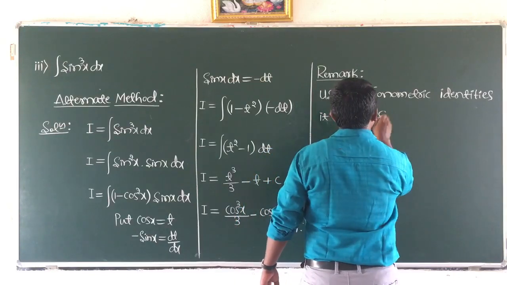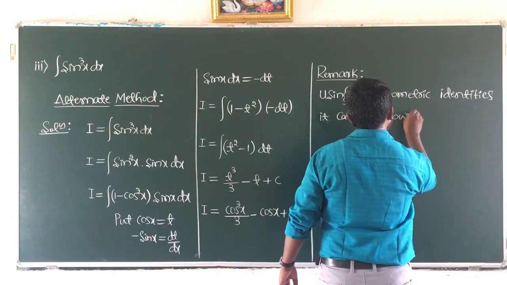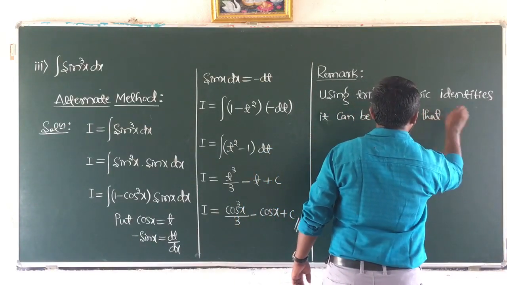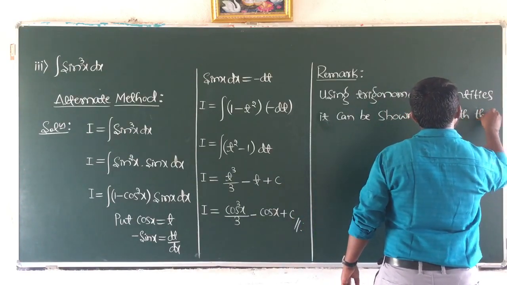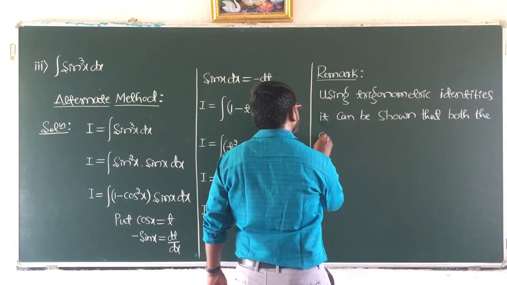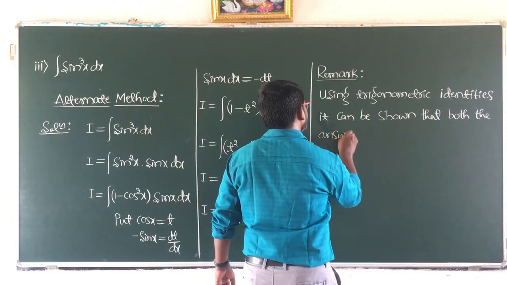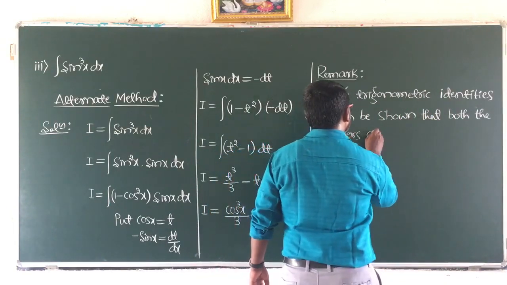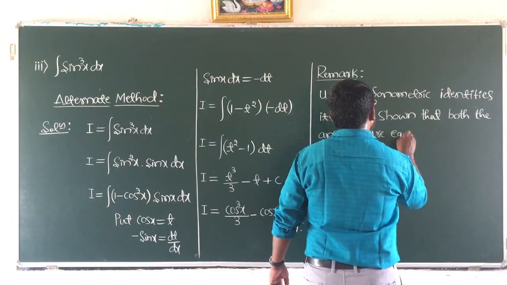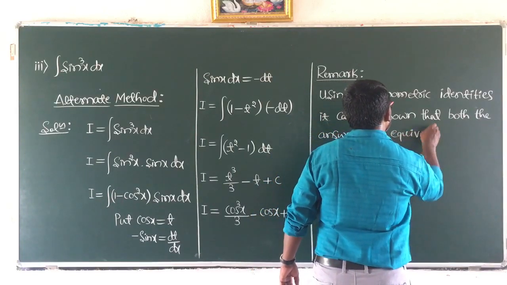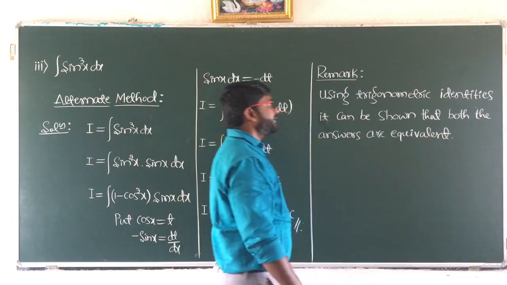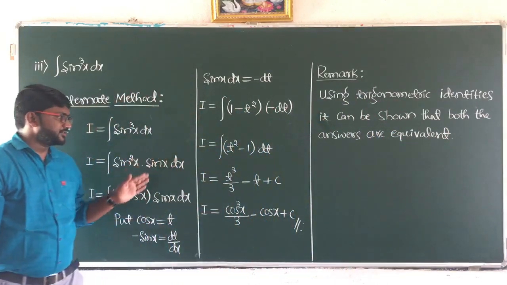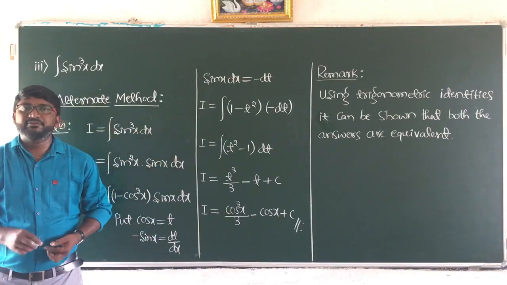It can be shown that both the answers are equivalent. So we may get a different answer, but the method has to be correct. So this is all about the example problem.